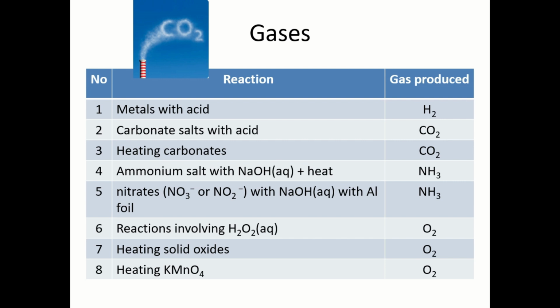So remember these reactions, and also the gas which were produced by each reaction, so that when you encounter them in the exam, okay, you can shortlist the gases that you want to test, and not by taking a lot of time going through all four tests for four different gases.